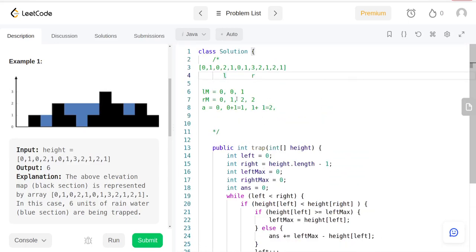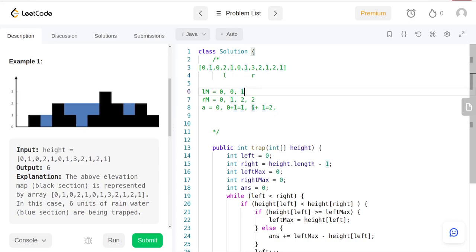Okay, that being said, is it less than the right hand side? Yes, sorry, left is gonna get updated. So is it greater than or equal to the left max you have seen? Yes, it is actually greater than.